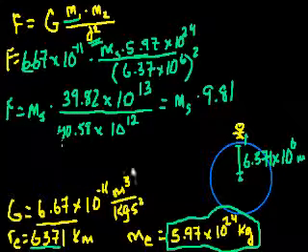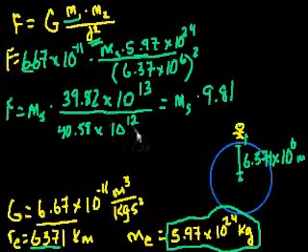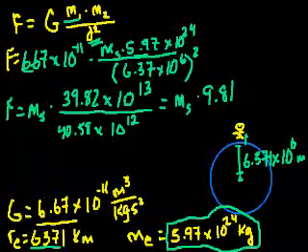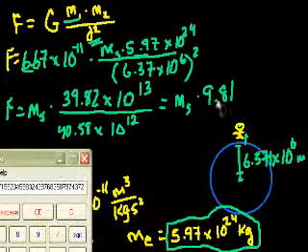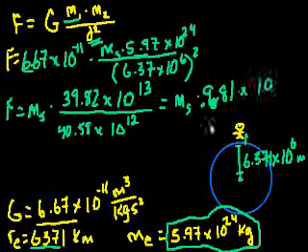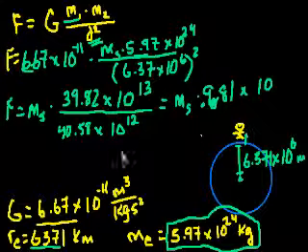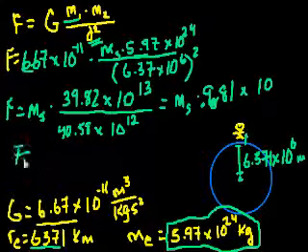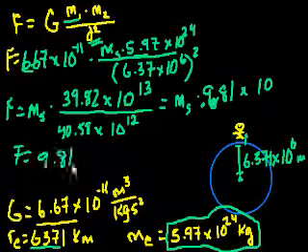That's just this divided by this. And then 10 to the 13th divided by 10 to the 12th is what? Oh, actually, no, this isn't 9.81. Sorry, it's 0.981. And then 10 to the 13th divided by 10 to the 12th is just 10, right? 10 to the 1st. So it's 0.981 times 10. Well, so the force is equal to 9.81 times the mass of Sal.